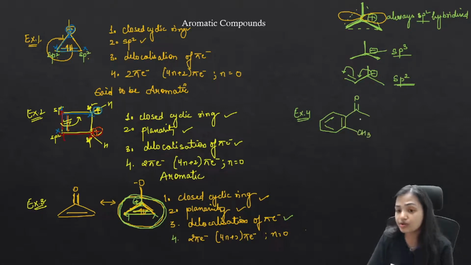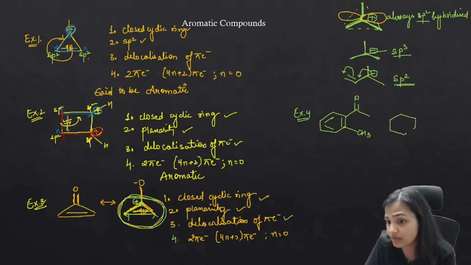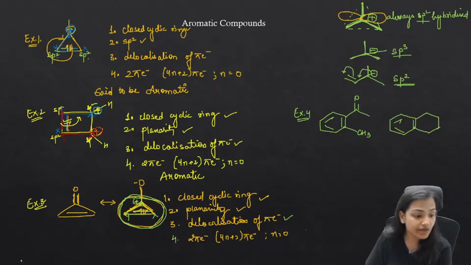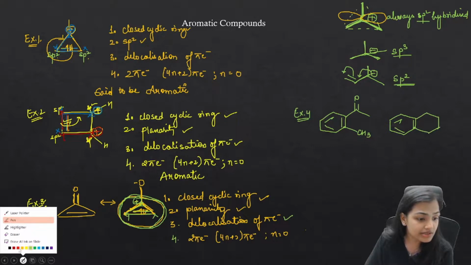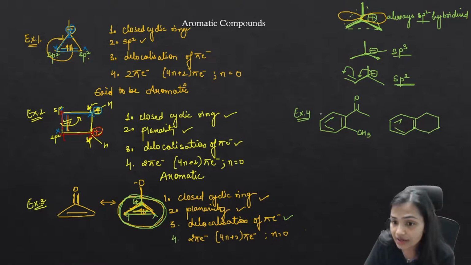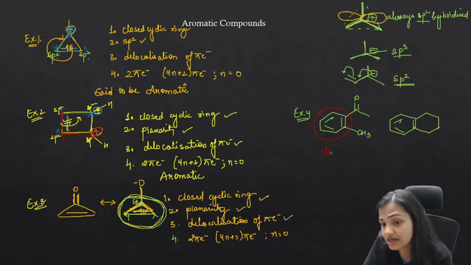Now what could you say if there is any such example, where you have one benzene ring and another ring which is not anything. So ultimately, this is a closed cyclic ring. If you focus on this particular closed cyclic ring, you will say that yes ma'am, this is a closed cyclic ring.